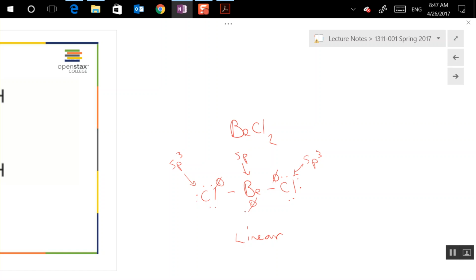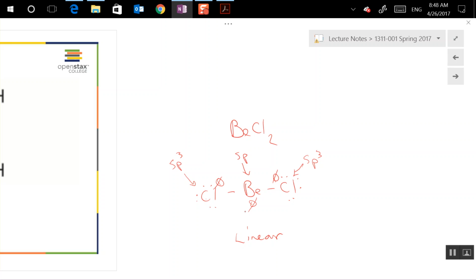What has a higher electronegativity, Be or Cl? Cl has a higher electronegativity. Okay? So the question here is, is this molecule going to be polar, nonpolar, and what is its dipole moment? So the dipole moment is showing which way the electrons are going if you have a polar molecule. If you have a nonpolar molecule, then there is no dipole moment. Okay, that's how we would describe it.